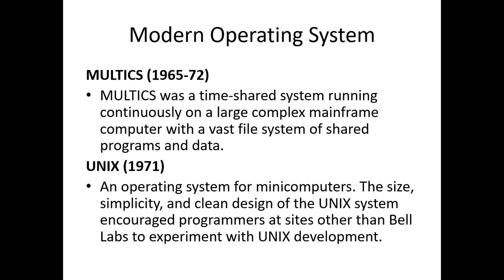In a previous class, you learned the types of computers: a supercomputer, a mainframe, a minicomputer, and a microcomputer. Multics used to run on mainframes because they are very large computers with a vast file system to share programs and data.